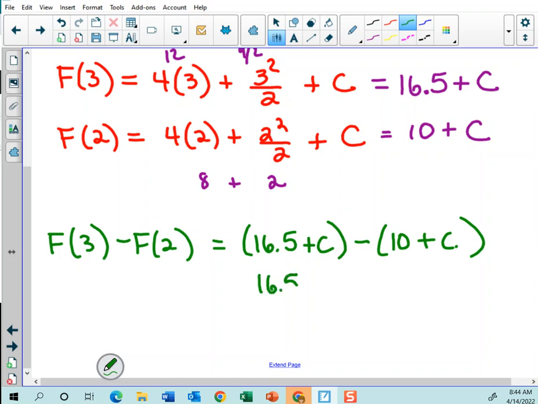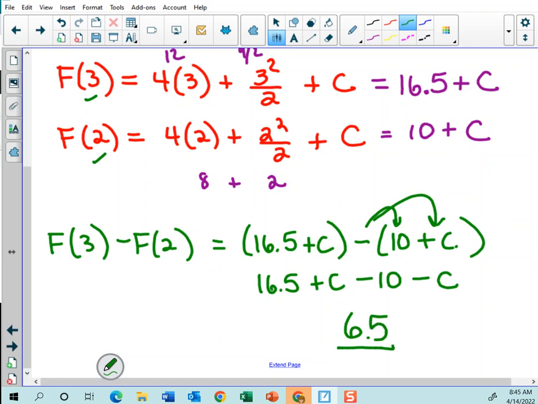Just so we get the algebra straight, you're subtracting the 10 and subtracting the c. That's why the c's will cancel. You can trust me on that, so you don't ever have to really worry about them. You can just pretend they're not there. Once you start plugging things into the big F, just forget about the c. Just like we said.